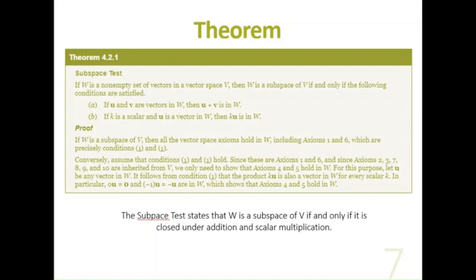Interestingly though, what's really cool is that if axiom 1 and axiom 6 hold in W, then axioms 4 and 5 hold in W as a consequence, and they don't need to be verified. So if you can prove axiom 1 and axiom 6 for W, then that means axioms 4 and 5 hold too.